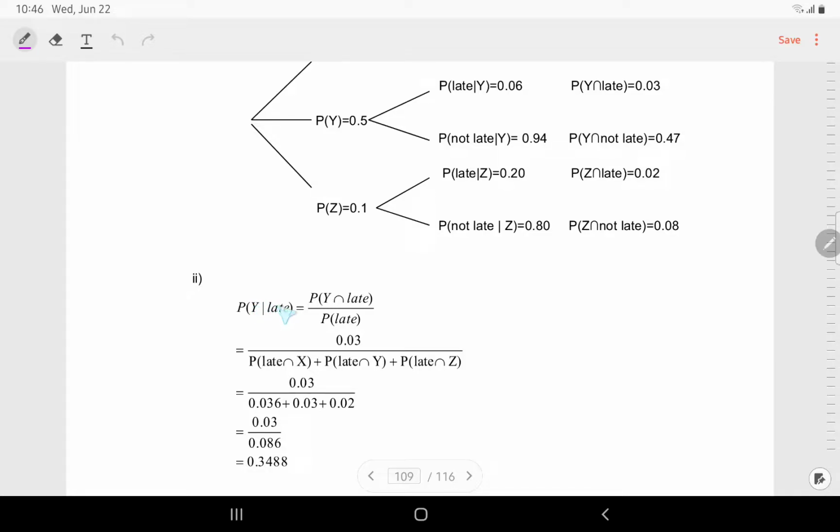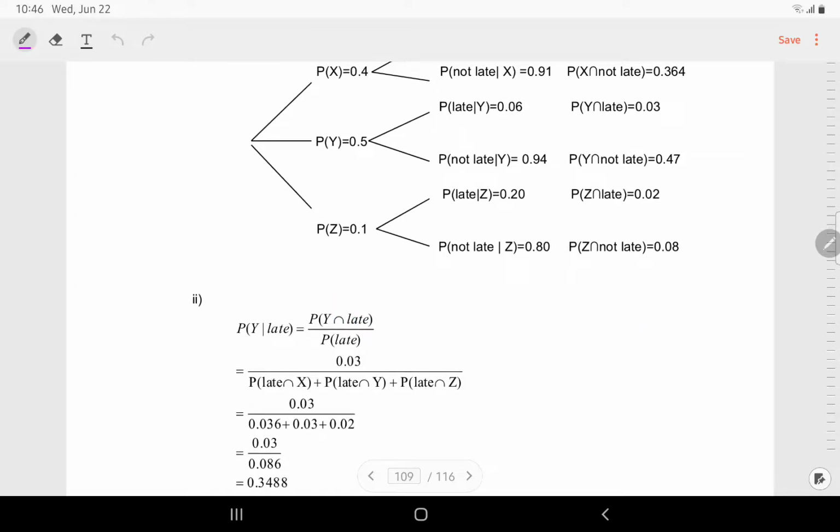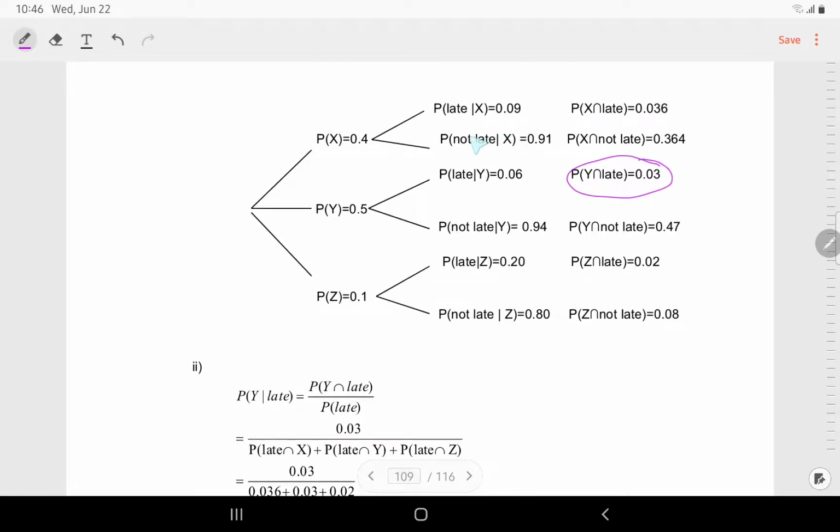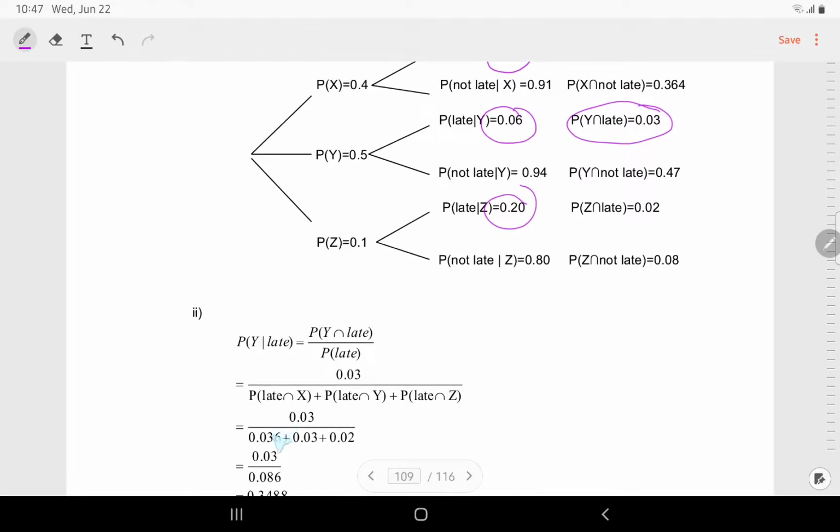Okay, so P(Y given late) guna formula probability Y intersect late divide by probability late. So probability Y intersect late kita boleh dapat daripada sini lah, 0.03. Okay, probability late, dia nak late saja. Yang ni dengan yang ni. So kita tambahkan semua.